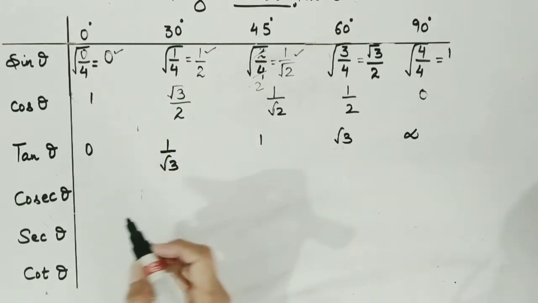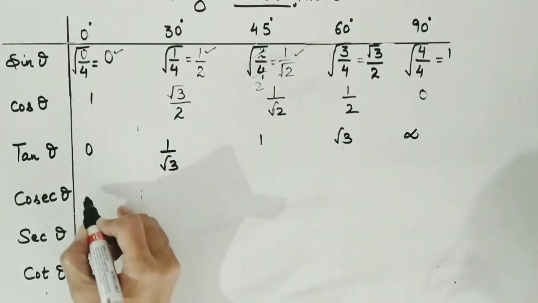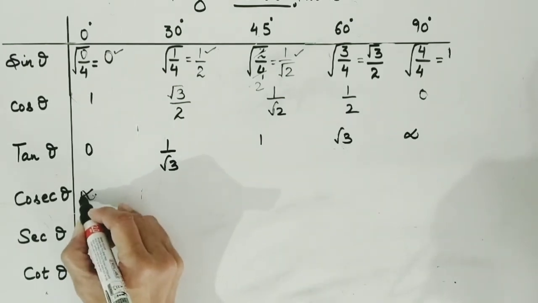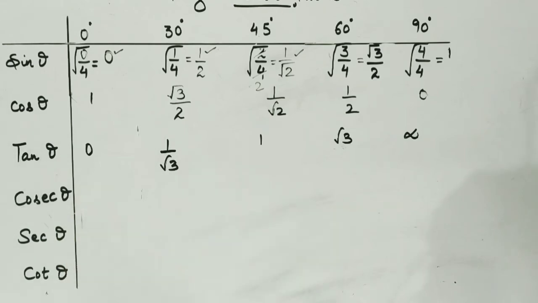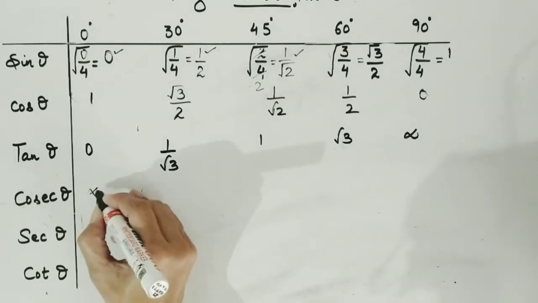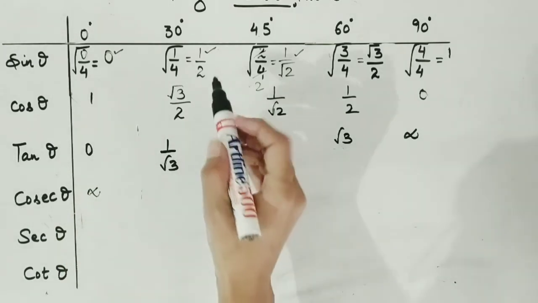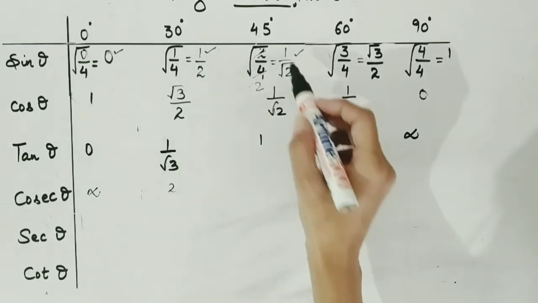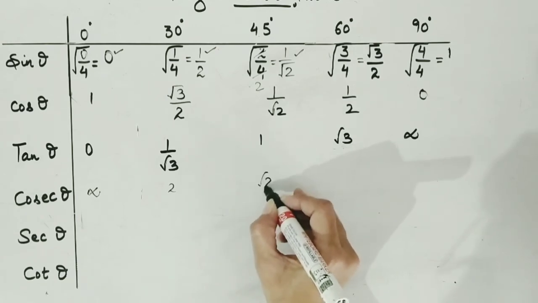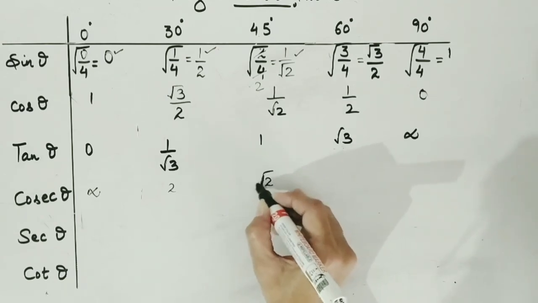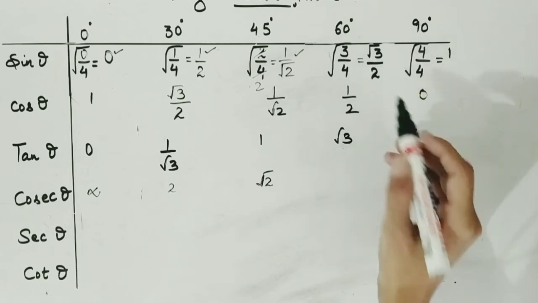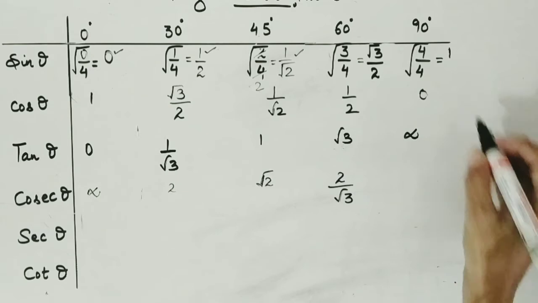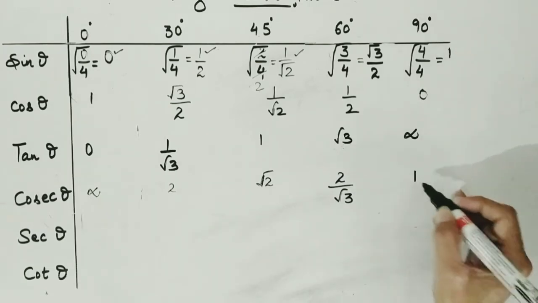Reciprocal of 0 would be 1 by 0, which is not defined. 1 by 2 would become 2 by 1. 1 by root 2 would become root 2 by 1, which is just root 2. Root 3 by 2 would be 2 by root 3, and reciprocal of 1 would remain 1.